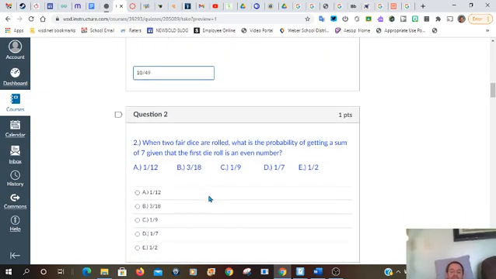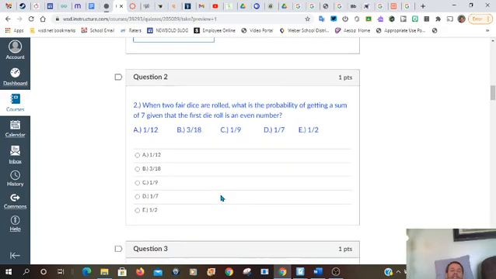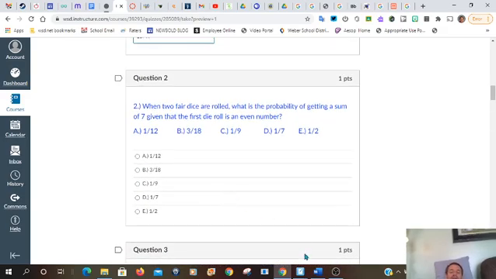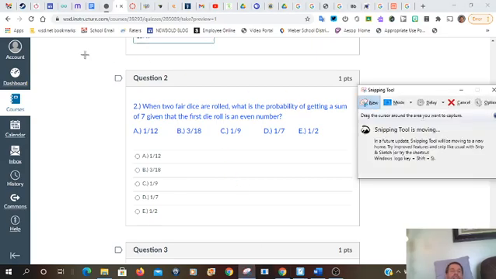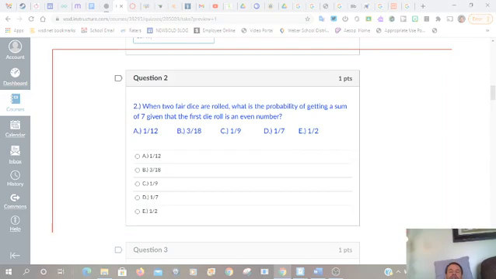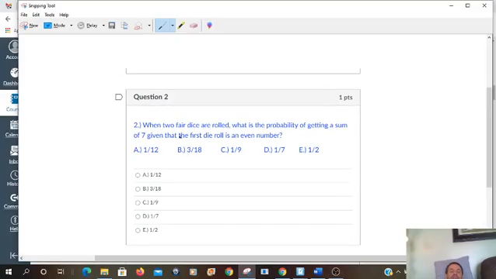Then we learned this, and this is a new kind of probability. This has the word "given" in it, so that's your key indicator. This is called conditional, not union, sorry.